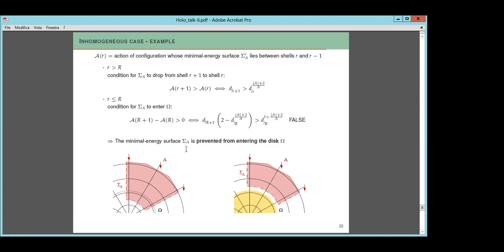And the other effect that we can see is that once we turn on the intertwiner correlation in a certain disk, in a certain region omega, the domain wall is stopped and is prevented from entering it. So we have a sort of black hole-like region that arises in this case.